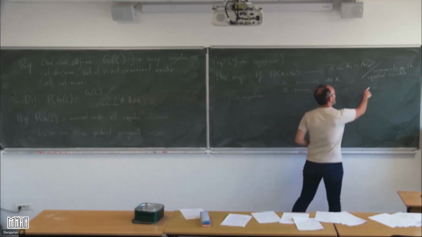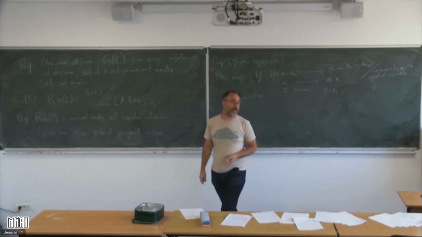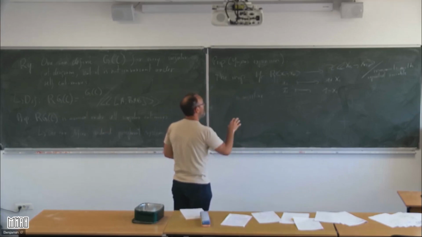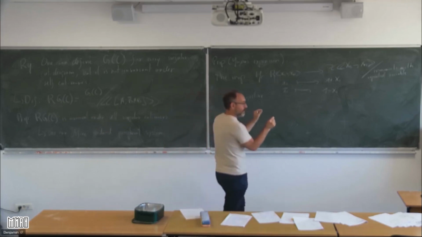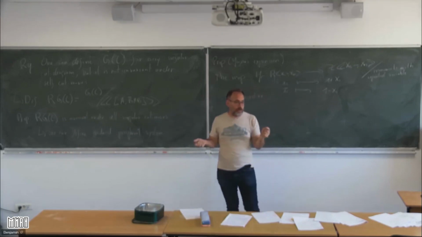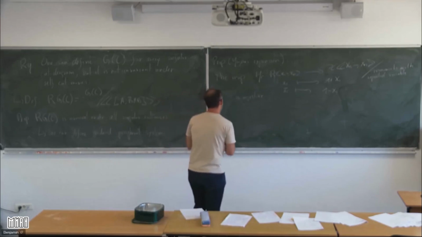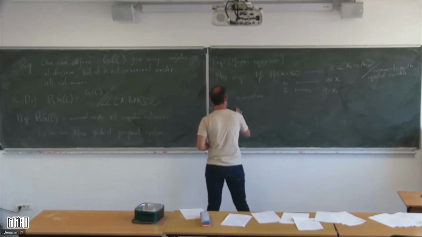But now you only have monomials with non-repeated variables. So it means that here you can only define Milnor invariants with non-repeated indices. It means that in the sequence of indices, there is no repetition. Every index appears at most once.